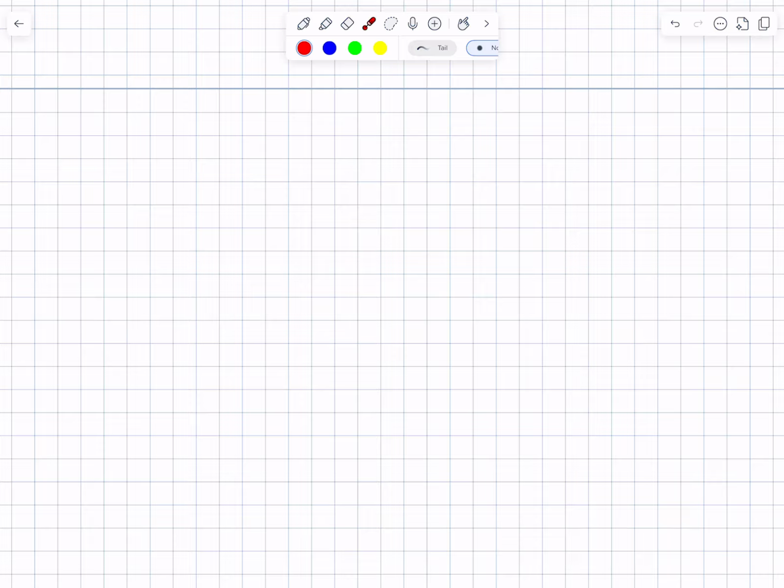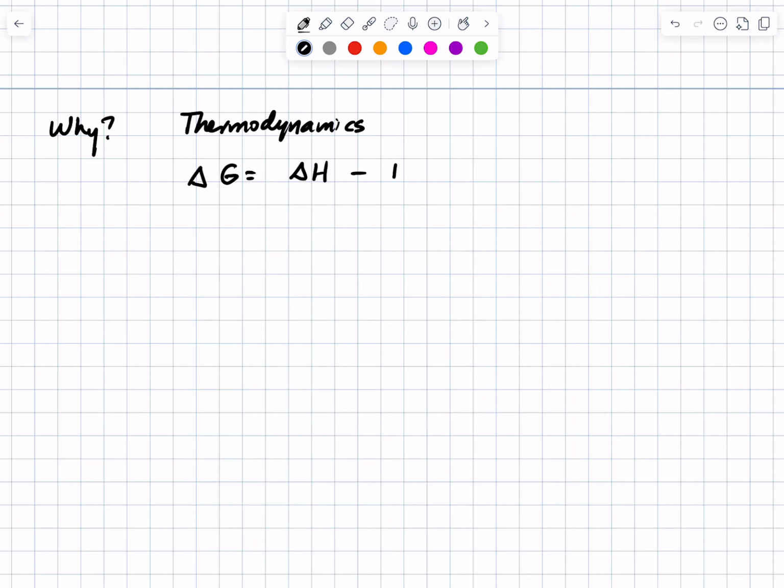Reactions, the reason why reactions happen is called thermodynamics. And this relates to the equation that you learned in general chemistry. Processes that happen are processes where delta G is negative.